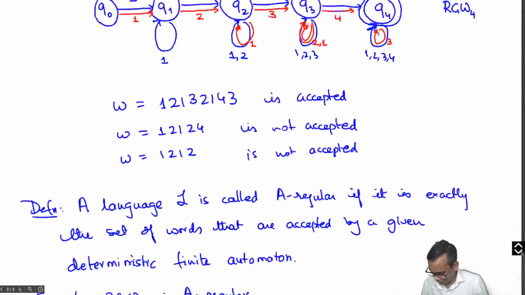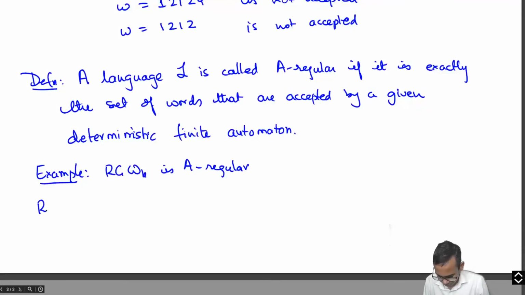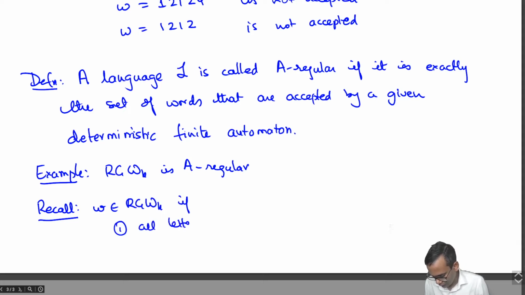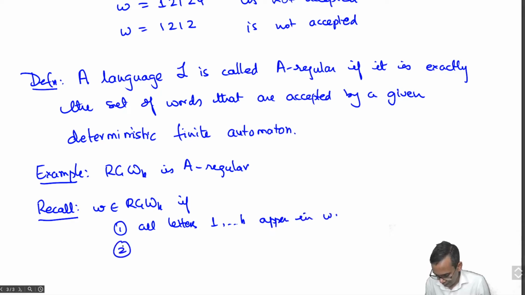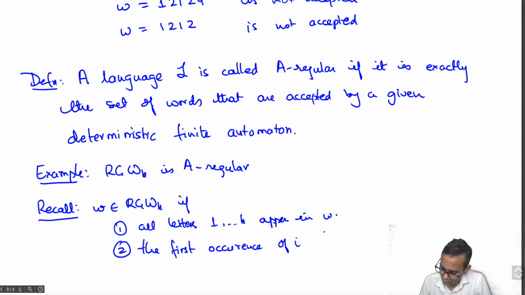So remember that W belongs to RGWK if all letters 1 to K appear in W, and secondly the first occurrence of I is before the first occurrence of I plus 1.